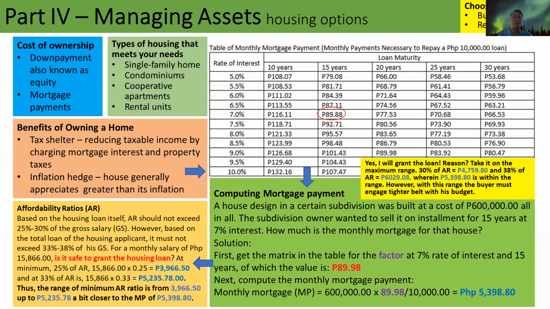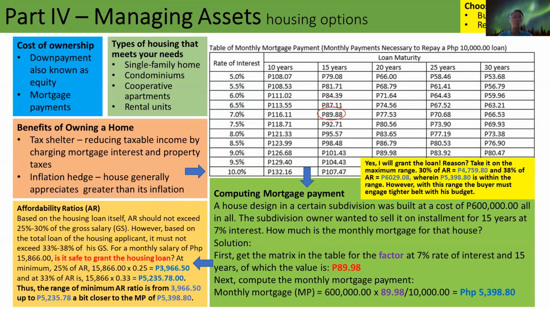Now, based on affordability ratio, the affordability ratio should not exceed 20 to 30% of the gross salary. That is based on the housing loan itself, meaning based on the 600,000 cost of the house.